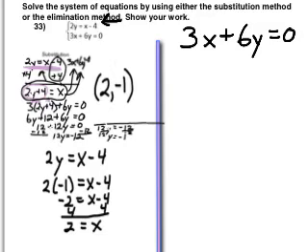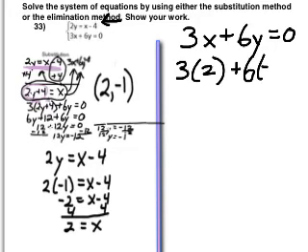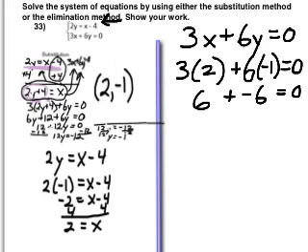We put 2 in for x, so we have 3 times 2 plus 6 times negative 1, and that's got to equal 0. So this is 6 plus a negative 6, and yes, that does equal 0. So it works in both equations. So that's the answer: 2, negative 1.